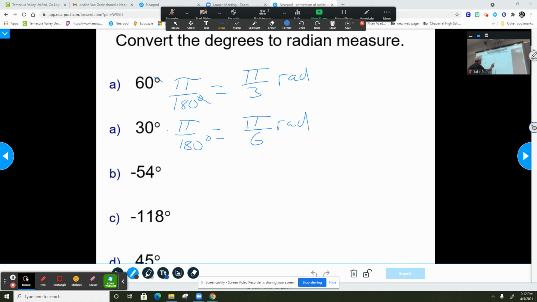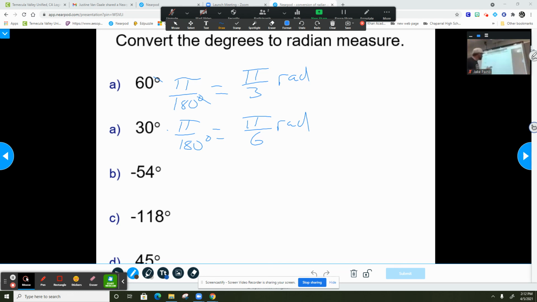If it's negative, it just means you're starting with a negative degree. Along the unit circle, you're going the other direction: counterclockwise is positive, clockwise is negative. So for negative 54 degrees, you're going down 54 degrees and you end up in the fourth quadrant.